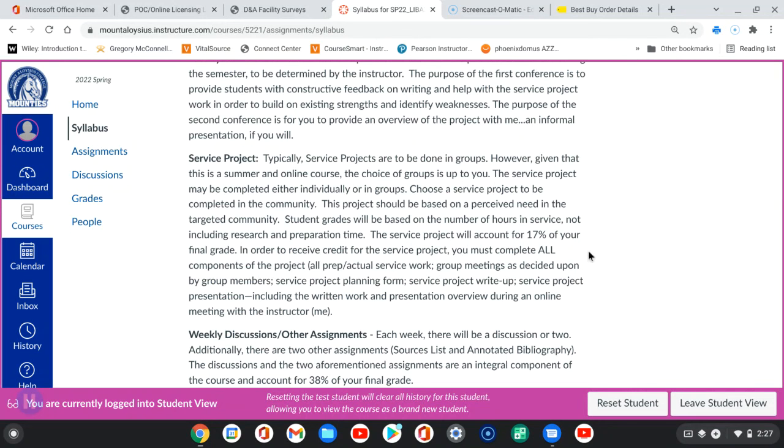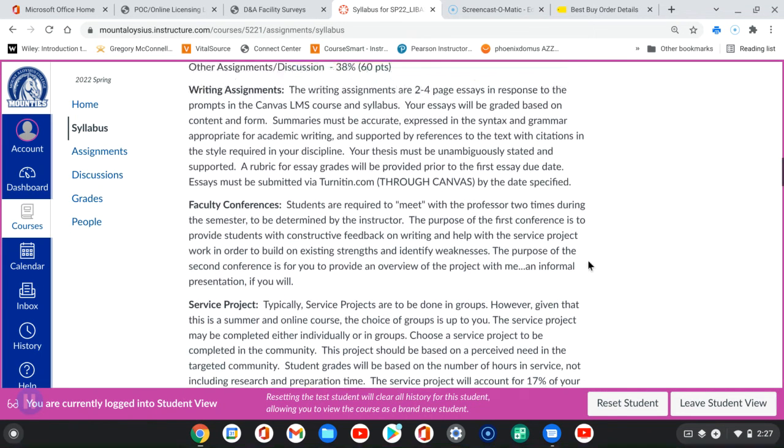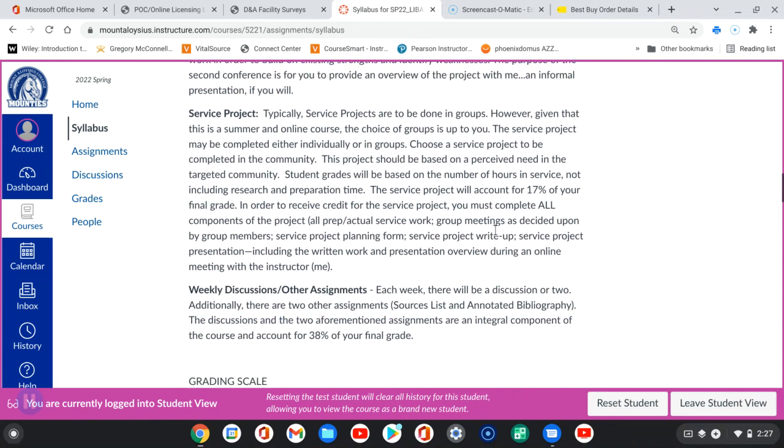I will tell you that the service project does, as I mentioned a minute ago, make up 17% of your grade, so it is a big component of your grade, and it is a requirement that you participate in this and complete the requirements of the service project. But I really am going to guide you to think about the service project a bit differently than maybe service work or service hours that you've had to do in the past.